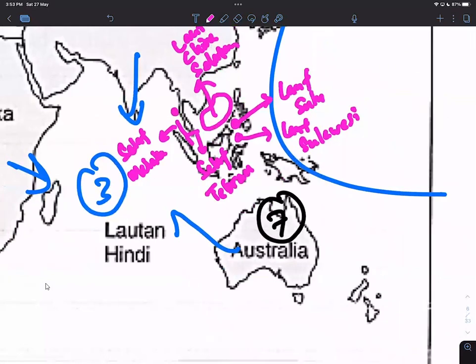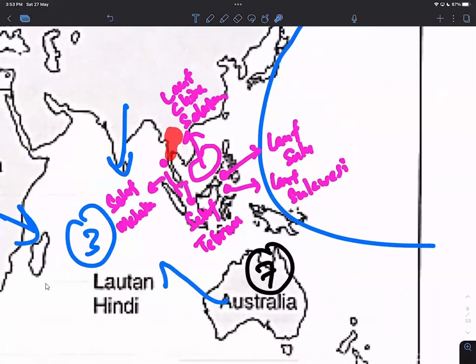Okay, this laut. Semenanjung Malaysia, right? Our potato. On top here is what we call Laut Andaman, near Myanmar. So this is another laut. I hope you guys can see Laut Andaman. Not enough space.